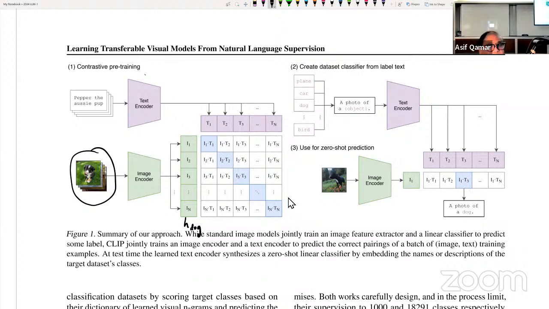You give it a text. Now, what do you expect? You want that if these two texts are aligned, if they are talking about the same thing, then these two vectors should land in the vector space very close to each other, isn't it?